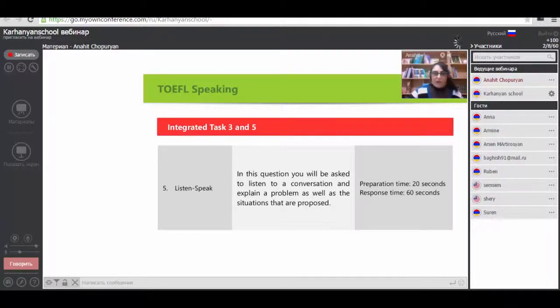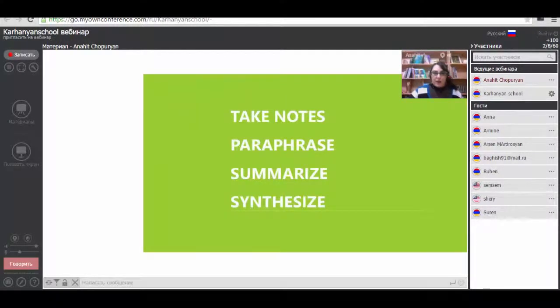Okay, so I hope this was clear, what you are going to do. Now about note-taking, paraphrasing, summarizing, and synthesizing. These are the 4 main skills which you have to develop for accomplishing success. About note-taking, I will give you the chart by which you will know how to do it.